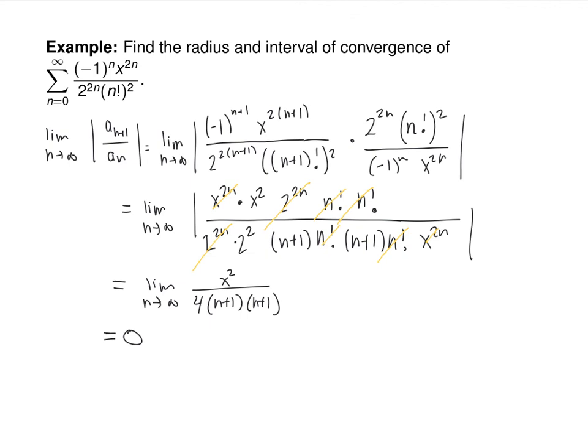How quickly this will go to 0 will depend on how large x is, but since x is a finite number, this will go to 0. And 0 is less than 1 always for any x. Thus, this series converges for any x. So the interval of convergence is minus infinity to infinity, and the radius of convergence is infinity.